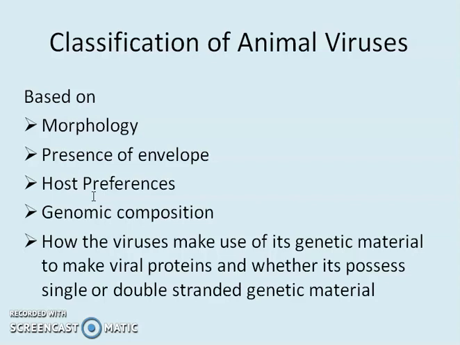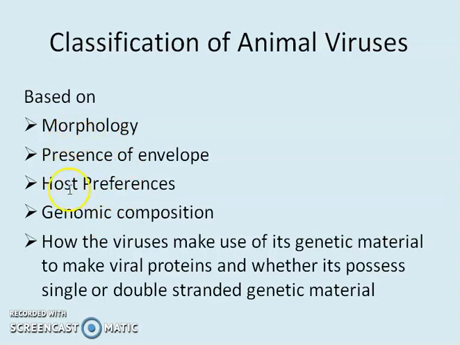The viruses also have particular cell preferences. Some viruses will attack only certain cell types. And based on their genomic composition, whether they carry DNA or RNA, we can classify animal viruses. And these criteria are morphology, presence of envelope, host preferences, and genomic composition.